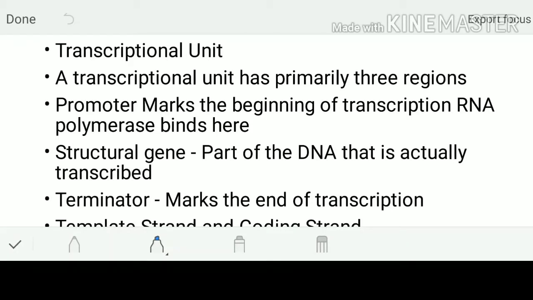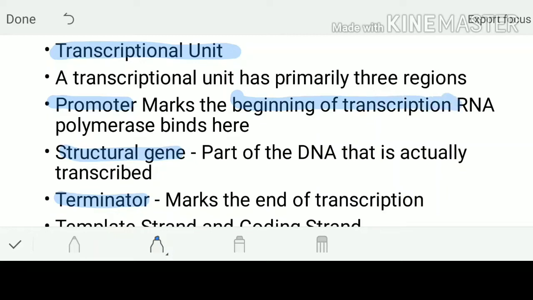Now, if I am dealing with the word transcriptional unit, it basically has three regions. The first one is called a promoter, the second is called a structural gene, and the third is called a terminator. First, the promoter. Like the name suggests, it is just for the beginning of the transcription.